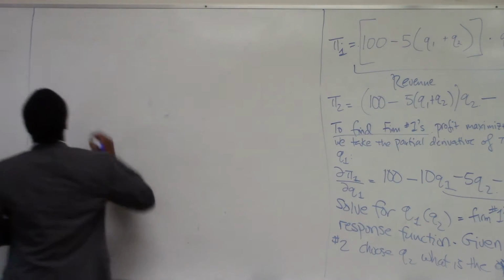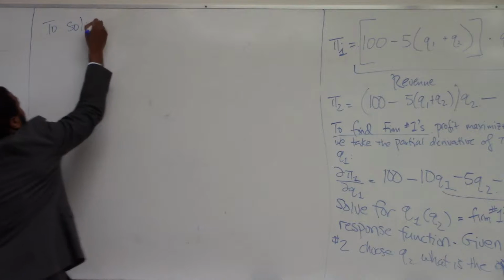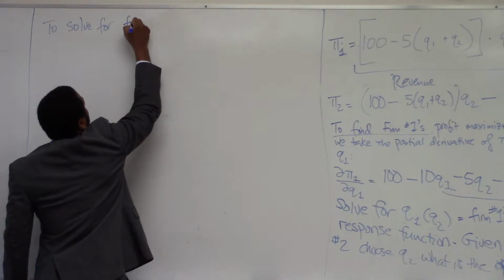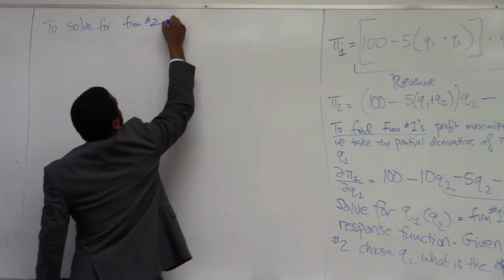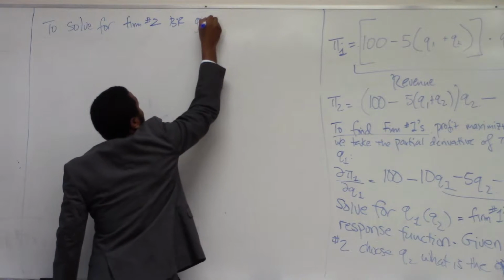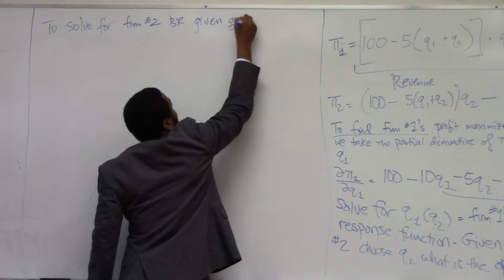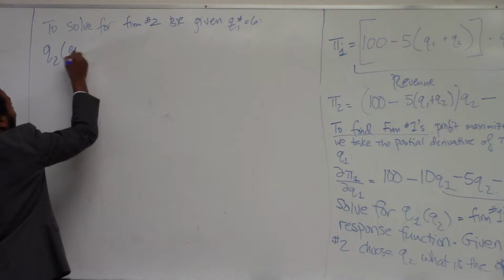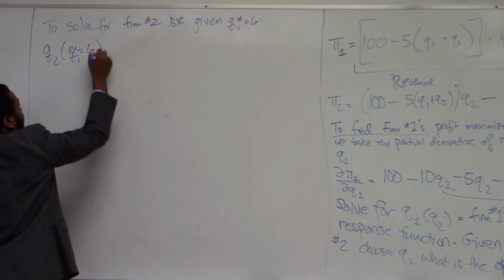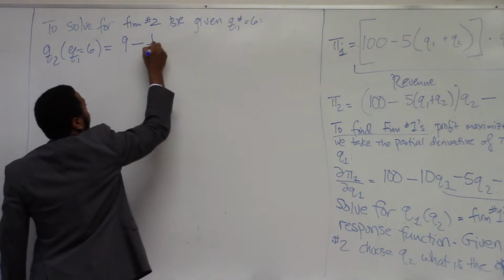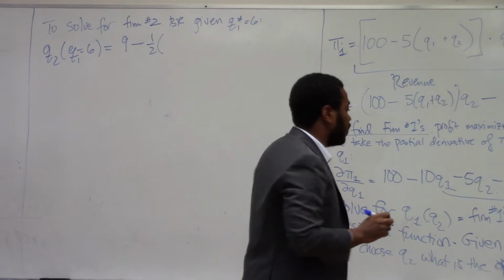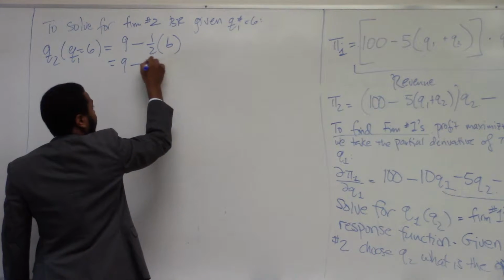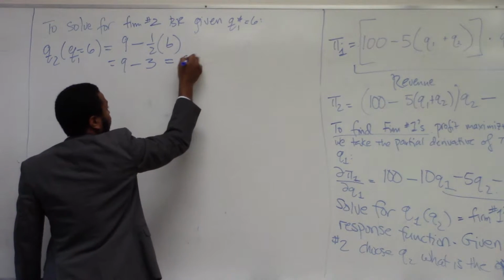So to solve for firm number 2's best response, given that Q1 star is equal to 6, we just get Q2 evaluated at Q1 equal to 6 is going to be 9 minus 1/2 times 6, which is what? 3. 9 take away 3 is equal to 6.